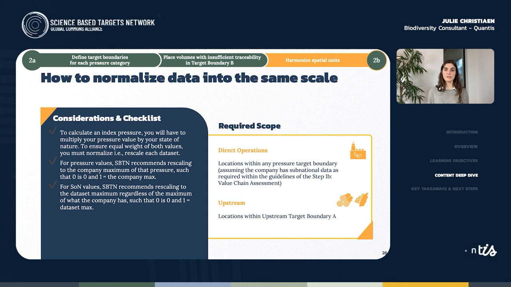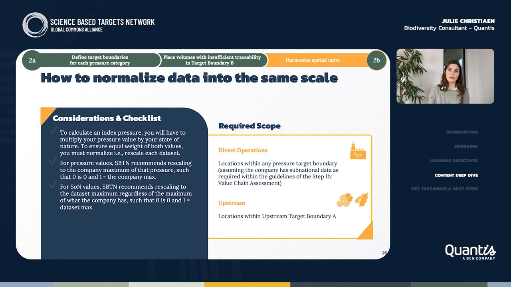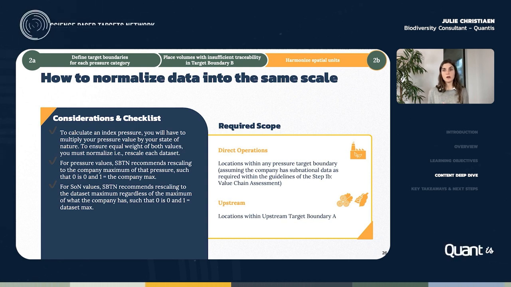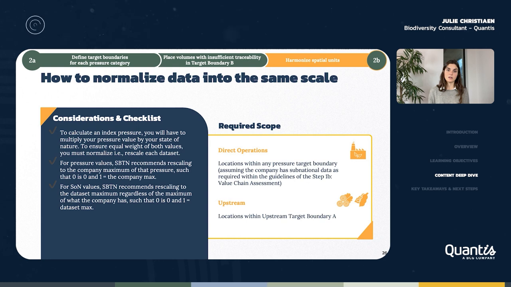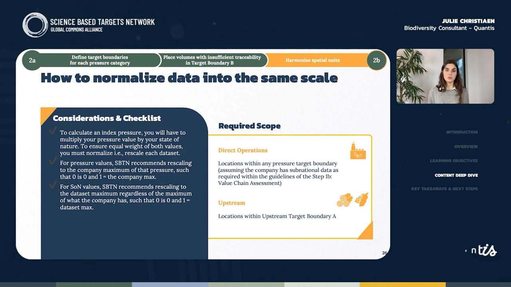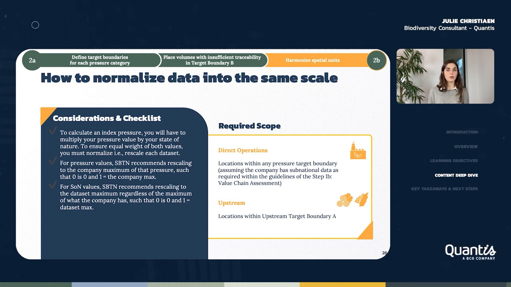Once you have harmonized the data sets, you will have to normalize the data so you can apply equal weights to both your pressure and state of nature values when calculating your index pressure. As a reminder, normalization is the process of transforming and rescaling data to fit within a consistent range, typically from 0 to 1.